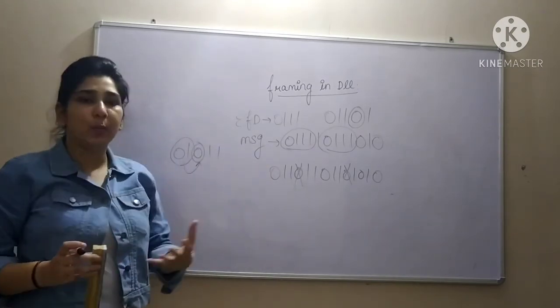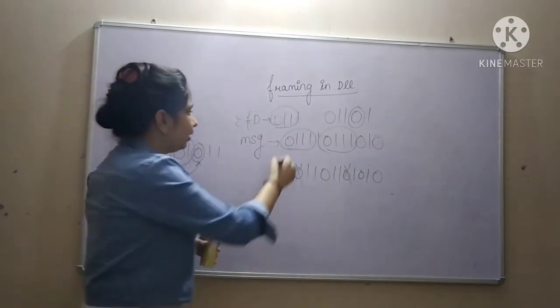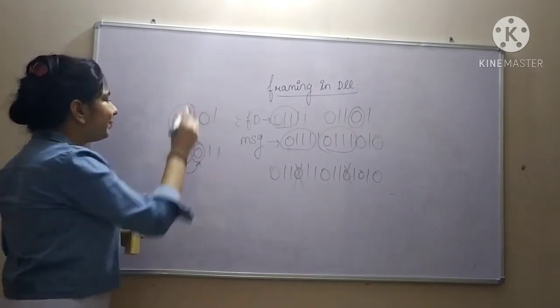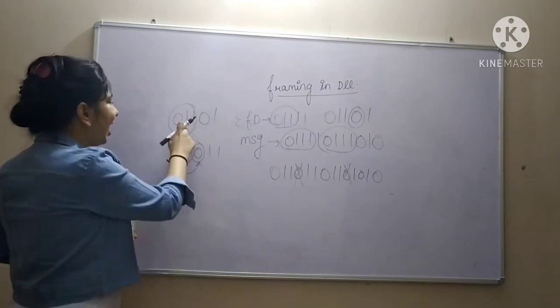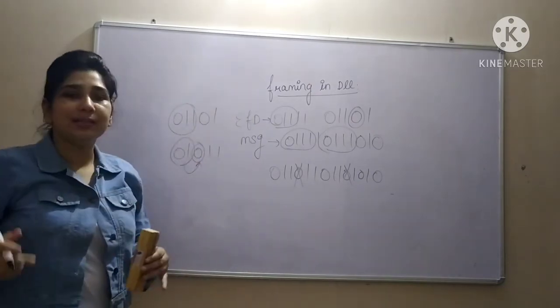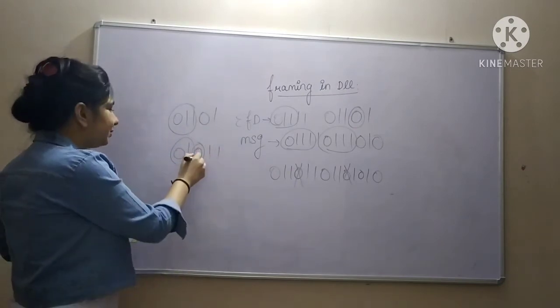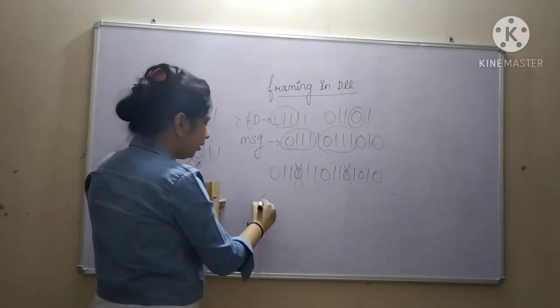So that's why we try to pick the maximum number of patterns we can get. So 0, 1, 1, 0, 1. This is the maximum number of bits you can consider, because you have to do less stuffing in the message bits. If you are doing stuffing after 0, 1, a lot of bits are there.